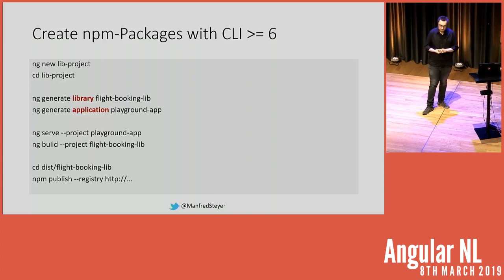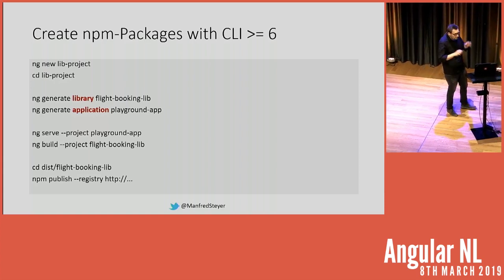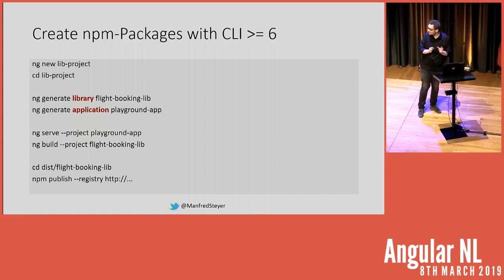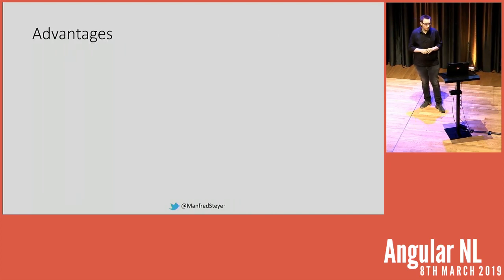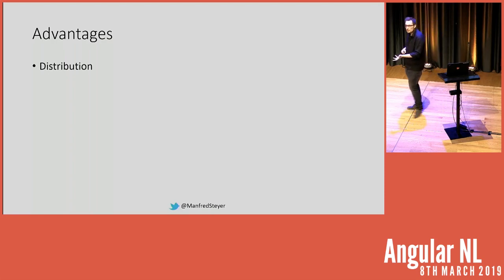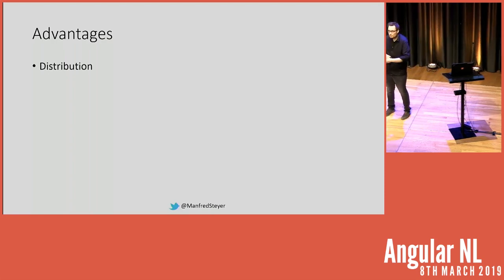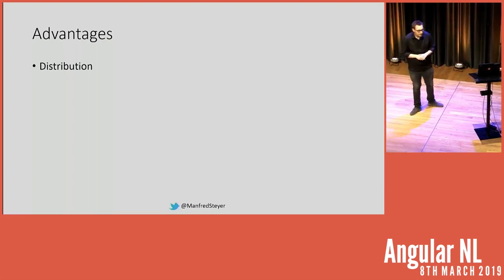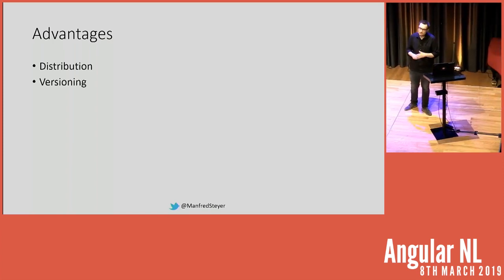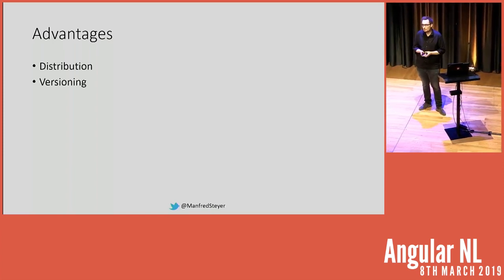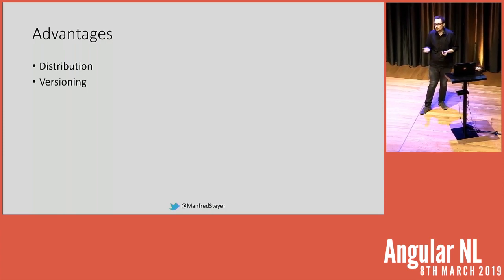And from the perspective of a software architect, this has a lot of advantages. One advantage of using and distributing libraries is that you have a clearly defined way to share code, to distribute code to your customers. And another advantage is you're getting versioning. That means every time you publish your library, you assign a new version.